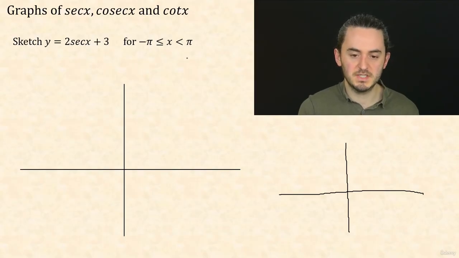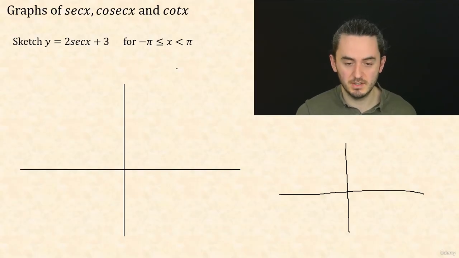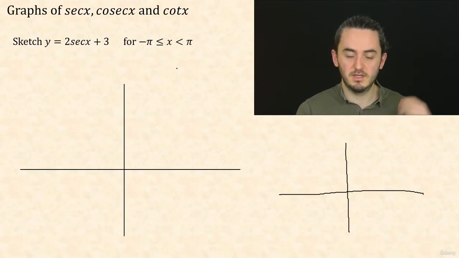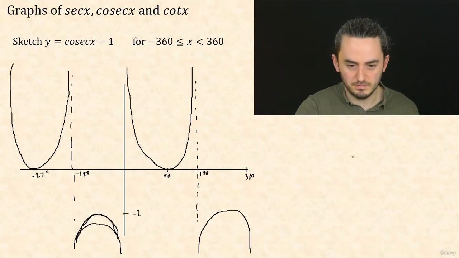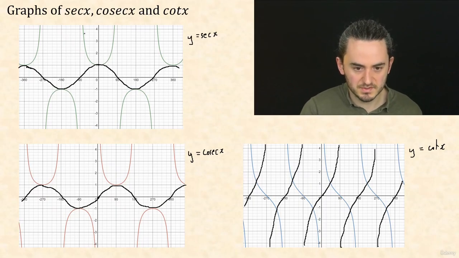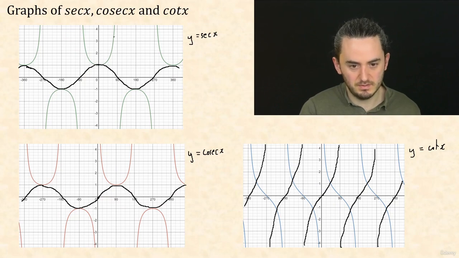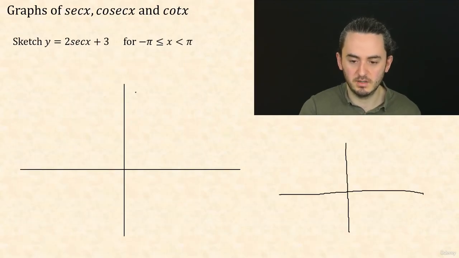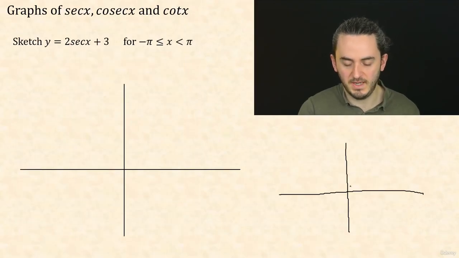Remember, pi radians is equivalent to 180 degrees, so you can think about it as being between minus 180 and 180. So let's just check. Sec x goes up from 1 up to infinity, back from minus infinity, and then we're going to stop at the 180 mark, or the pi radians mark. So 2 sec x is the same shape, it's just all stretched up a bit.